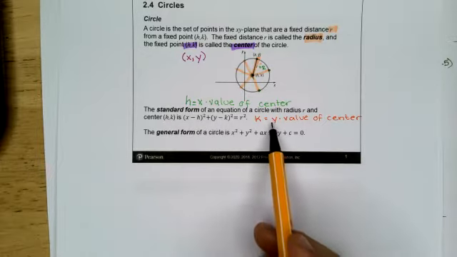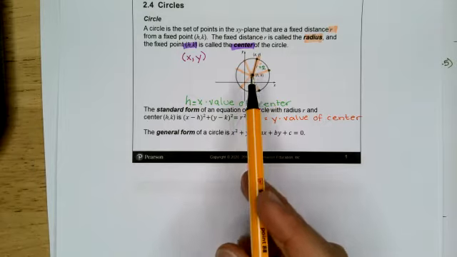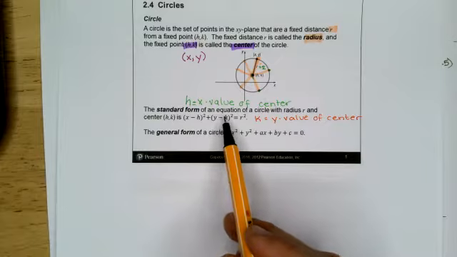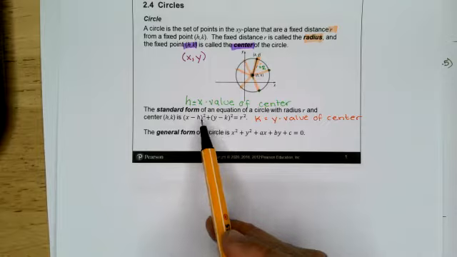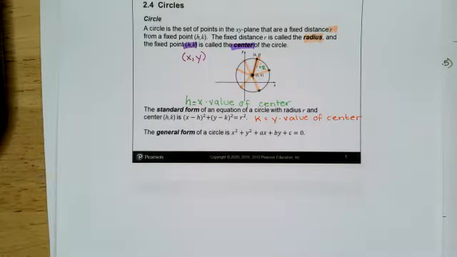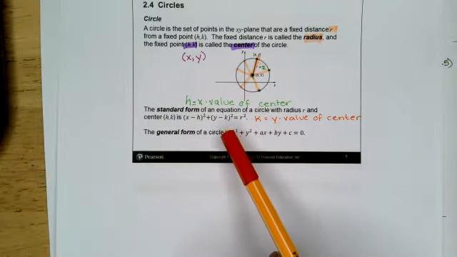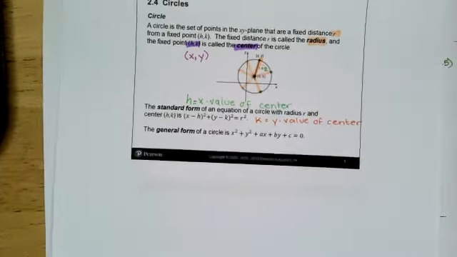Then you take the y value, which is k, of that central point, change the sign, group it with y, that quantity squared, add those together, and you will get r squared, the square of the radius. Then you expand this, use algebra to group quantities into like terms by exponents, put them in alphabetical order, and you get the general form after you set it equal to 0, okay?